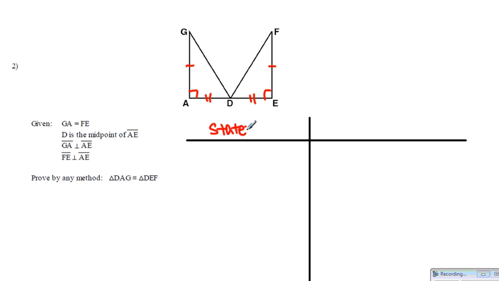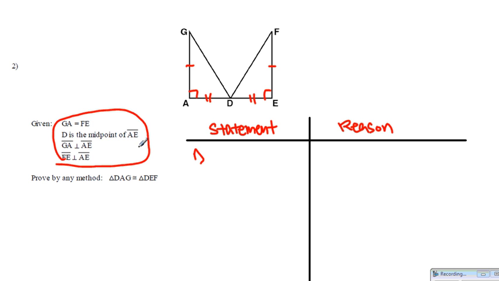Statement. And then here reasons. Number one, once again, we're going to put all these things right over here. And the reasoning will be the given. Number two. Then we realized because of D being the midpoint, we have realized that AD must be perpendicular to ED.